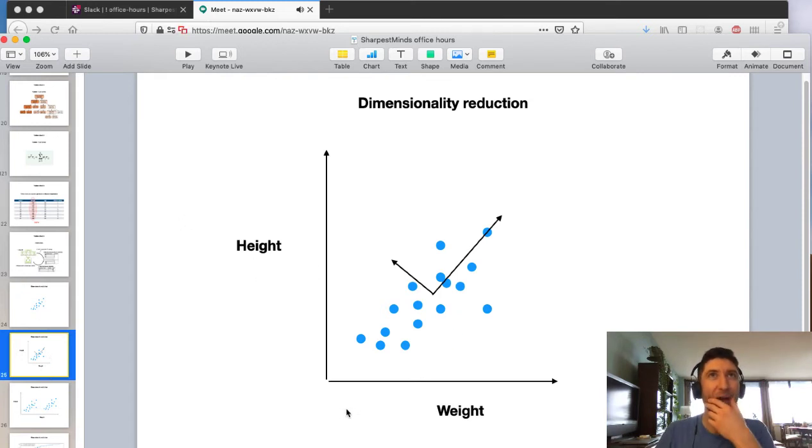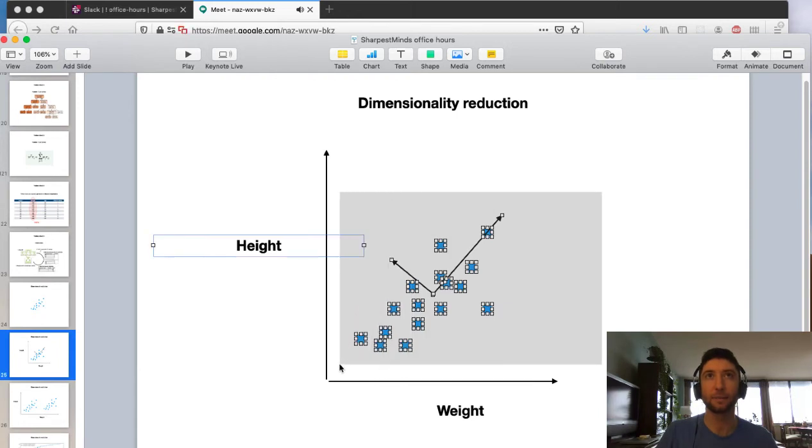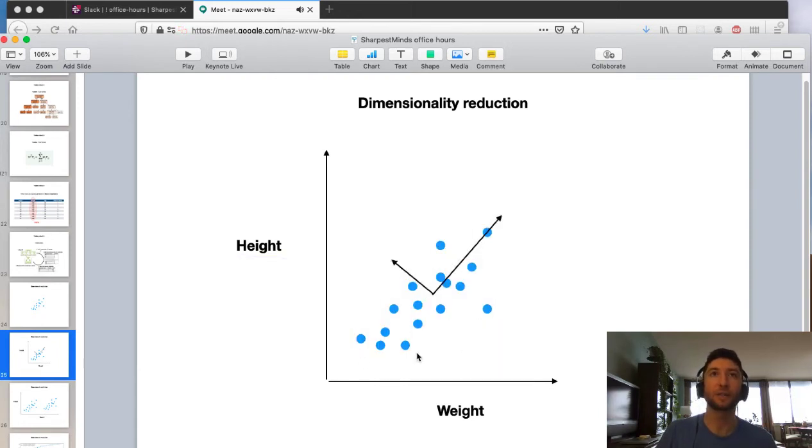So here's essentially what PCA is going to end up doing. We have a 2-dimensional data set here, and this would be the process of squashing this 2-dimensional data set down to 1 dimension. We have some spread in 2D space, and then we go, oh, you know what?